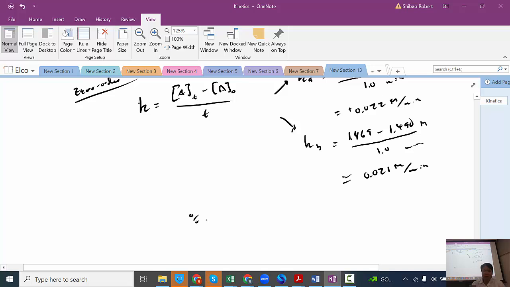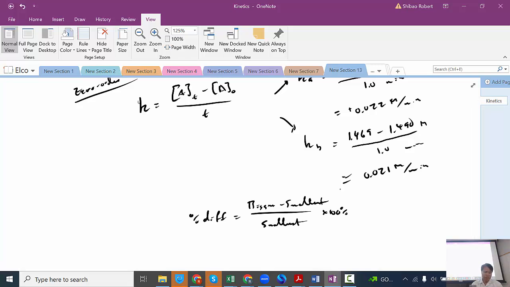The percent difference is we take the biggest minus the smallest, divided by the smallest, times 100%. And I get a 4.76% difference.